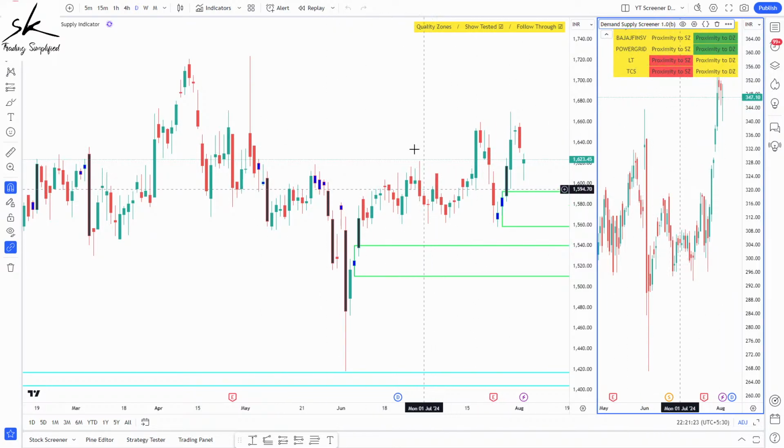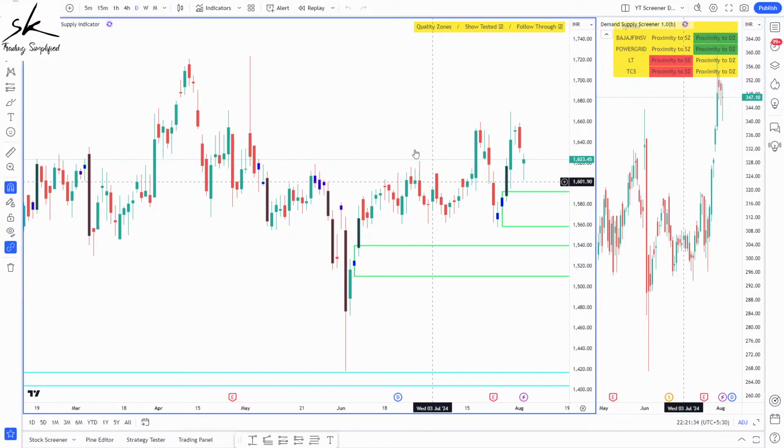So I don't have to go through 40 symbols now. I know these are the only 2 symbols for long side, and these are the only 2 symbols for the short side, which are closer to a demand area or a supply area. So instead of wasting my time analyzing the other 36, I can just look at these 4, because the other 36 are nowhere close to a demand area or a supply area based on my preference, right? Those numbers can be changed based on your preference.